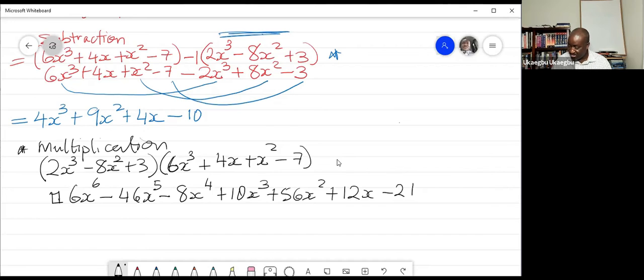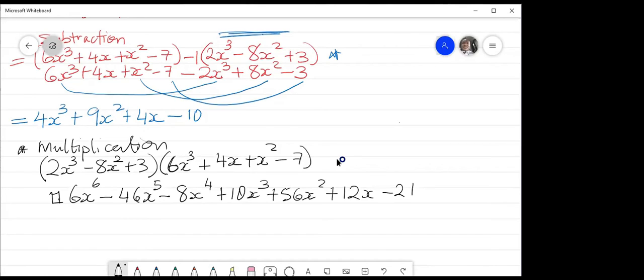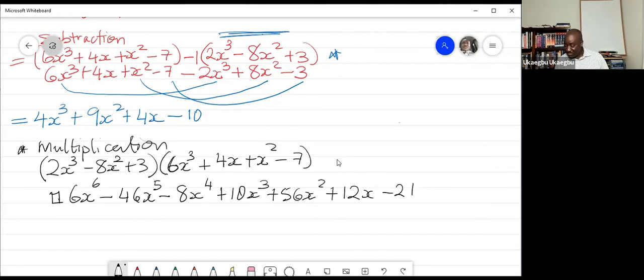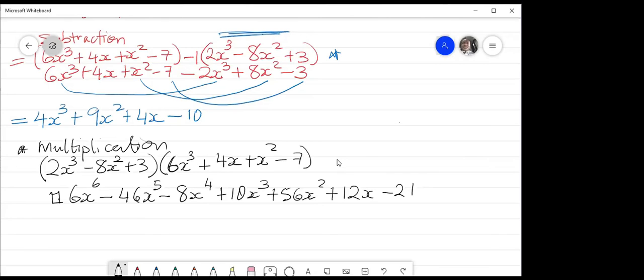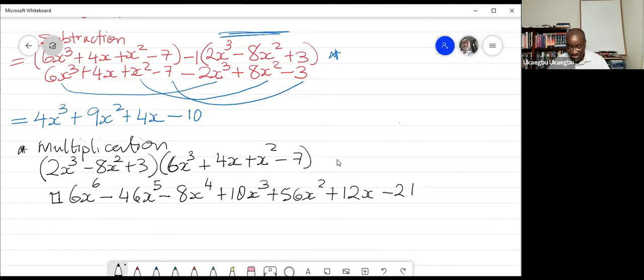Again, I don't know if it's right. Okay, did any other person get the same number? No. Okay, can I have a different solution?